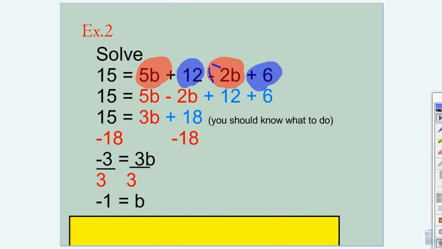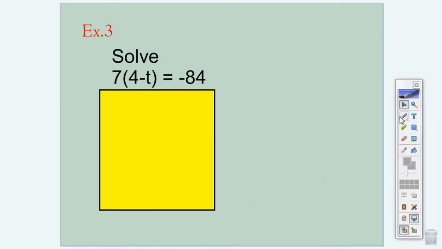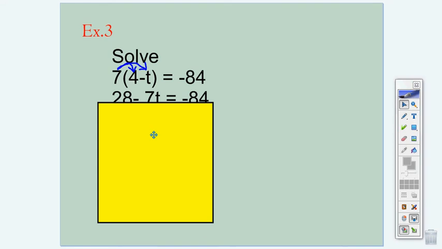One more to show you here, and that's with the distributive property. So what do you do here? You've got 7 groups of 4 minus t. So I got 7 4s, that would be 28 minus 7t equals negative 84.